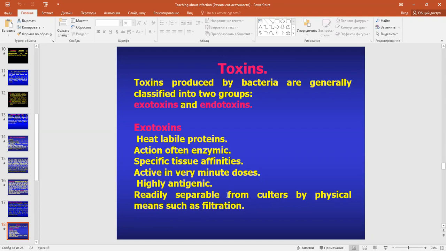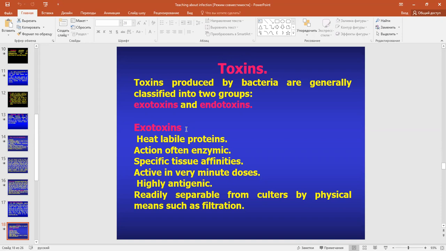It is possible to produce from them specific preparations for vaccination, named toxoids. Not all of them, but in the case of 7 infectious diseases, exotoxins are used for industrial production of toxoids.